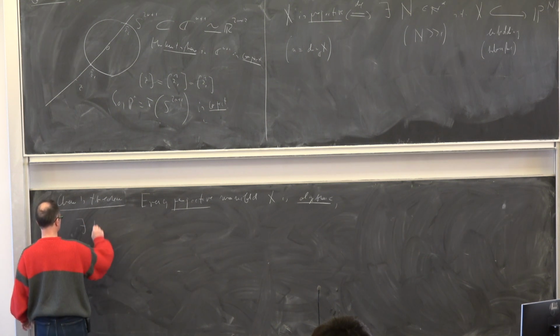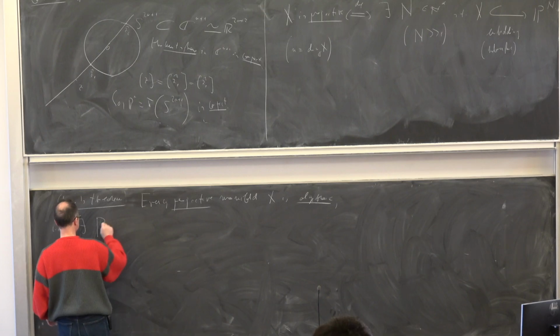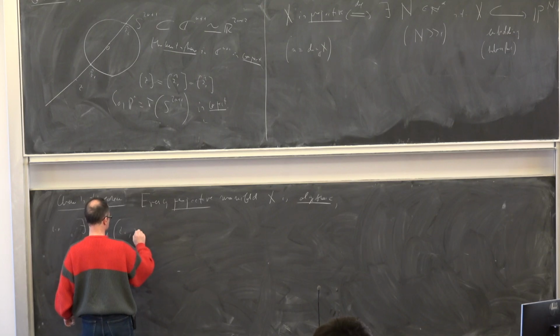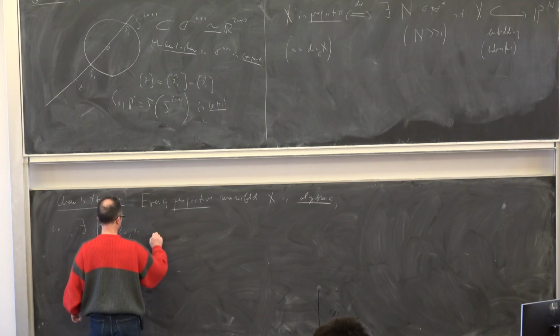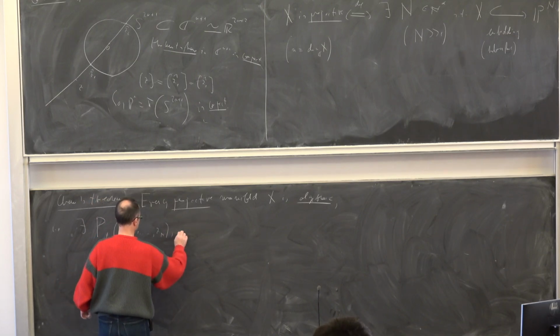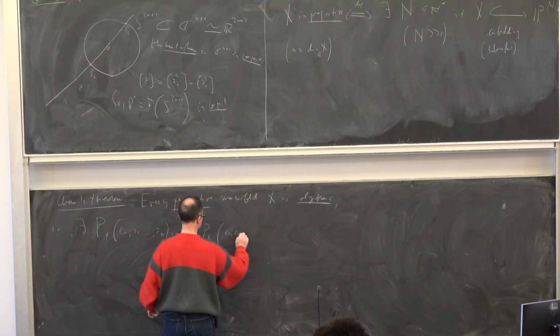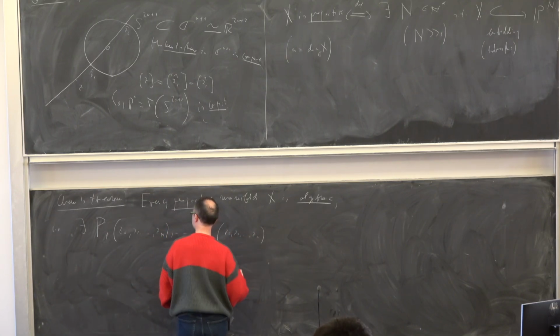So there exists an n and homogeneous polynomials, let's call them p0, p1, of z0, z1, up to zn, up to pk. There are finitely many of them. Pk of z0, z1, up to zn. Homogeneous polynomials.